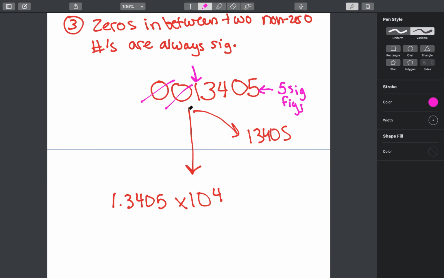If you remove that 0, you get this, which is not the same value. So that 0 is significant and should be counted. So that's why this has 1, 2, 3, 4, 5 significant figures.